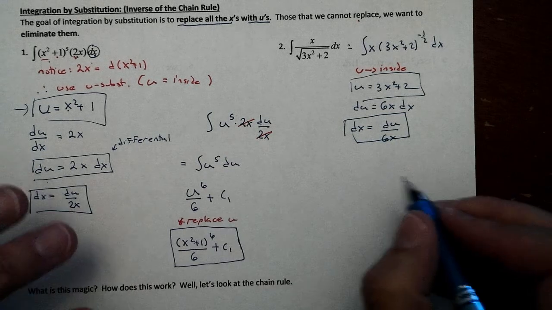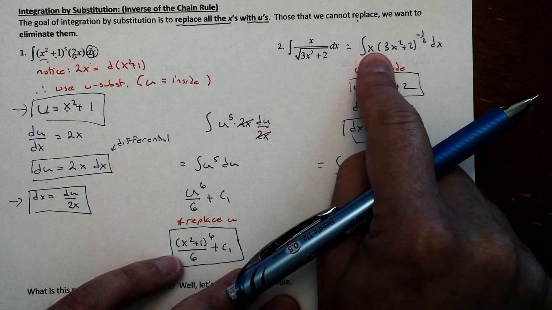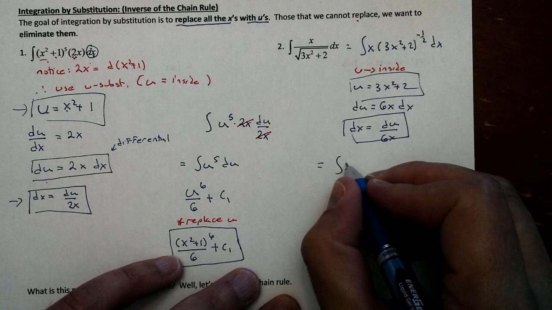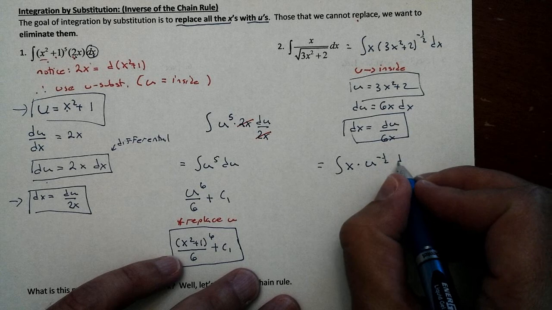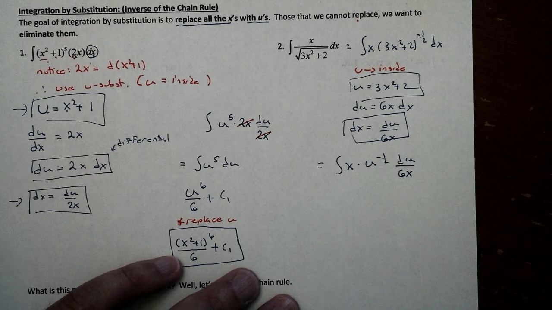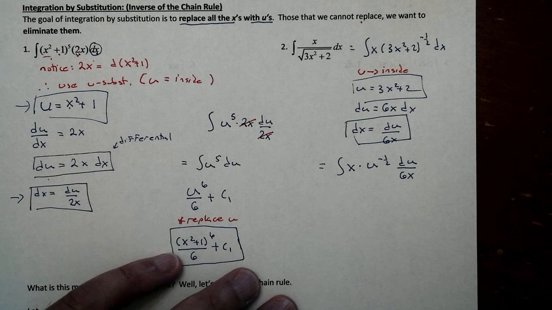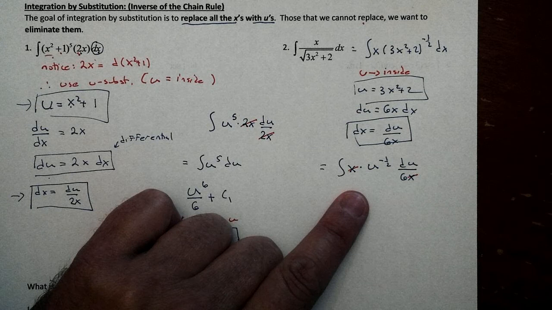And I'm going to rewrite my integral now as, now remember, I'm not replacing my x with anything. So this is x times u to the negative 1/2 du over 6x. And notice what happens. Again, the x's do cancel. Now here's a hint.